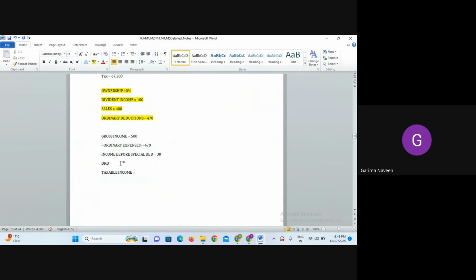As I told you, the DRD is always calculated on the lower of your taxable income or dividend income. But in case you are applying the full DRD limit on dividend income and it will give you a net operating loss, then DRD is always calculated on the dividend income only. Then the lower of the amount will not be applicable here.